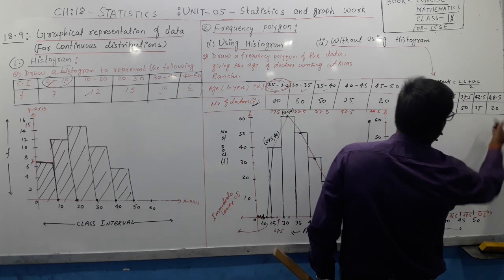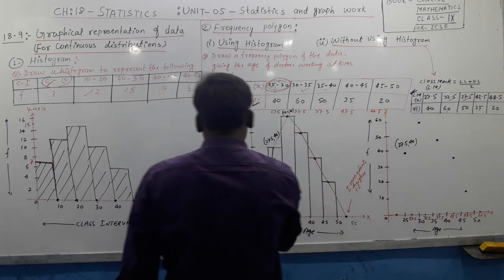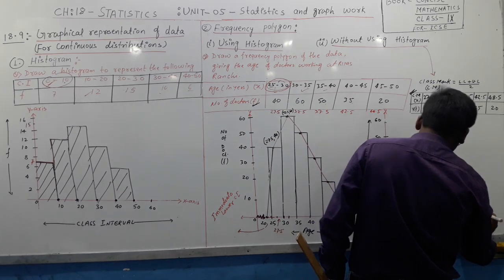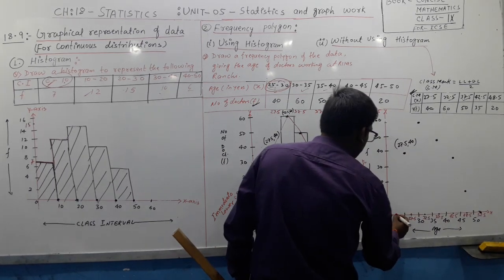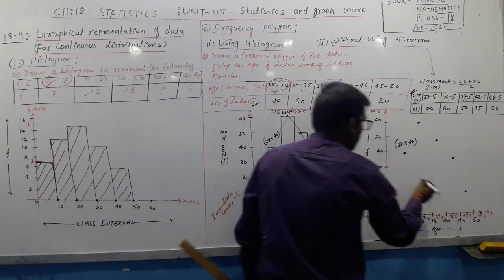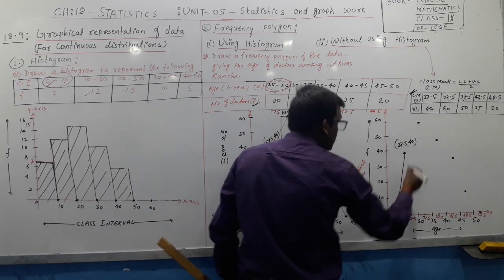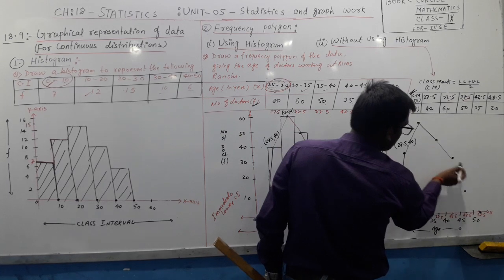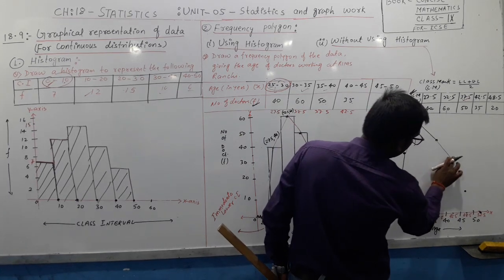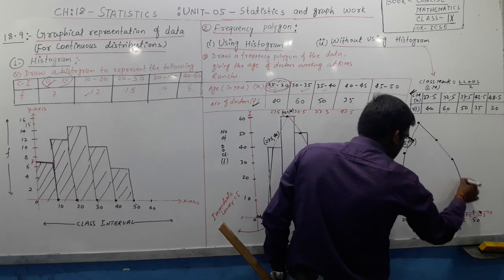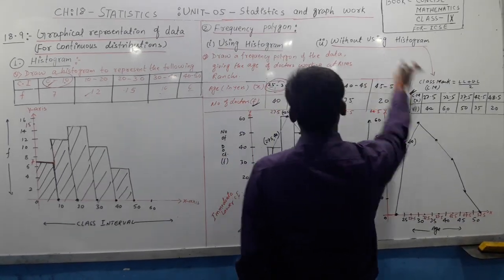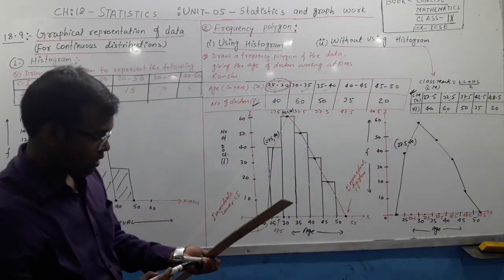And also you have to consider the immediate lower and immediate higher class intervals. That means this point and this point, and join them by a freehand curve or by the scale. So choice is yours, no issues. Joining in the same way. That's why this is called without using the histogram.